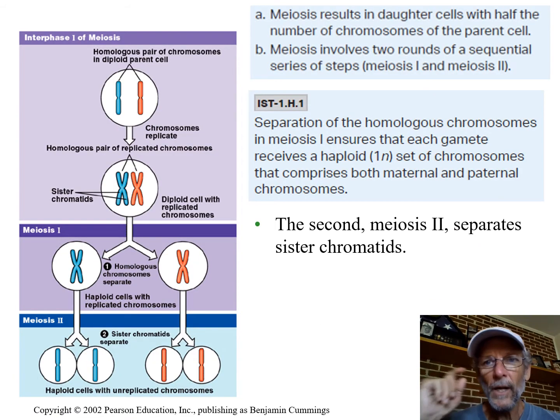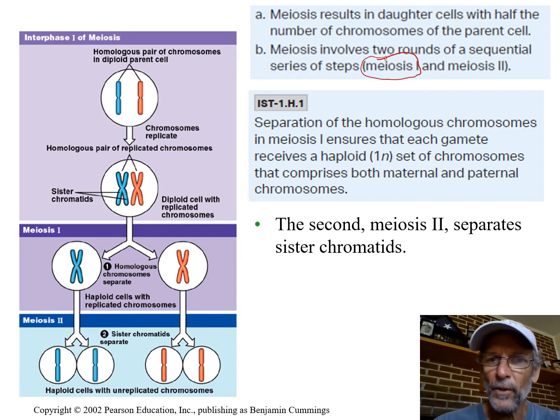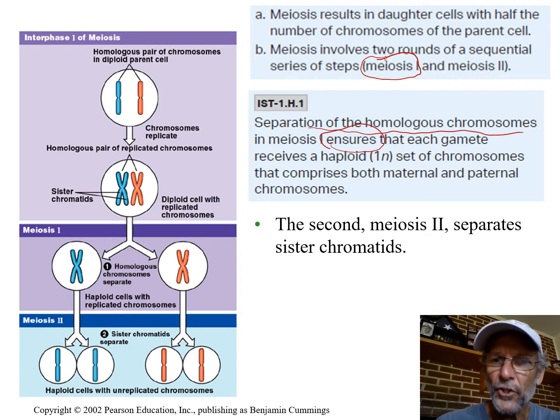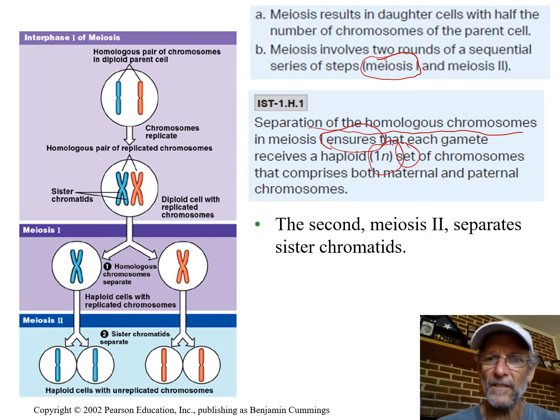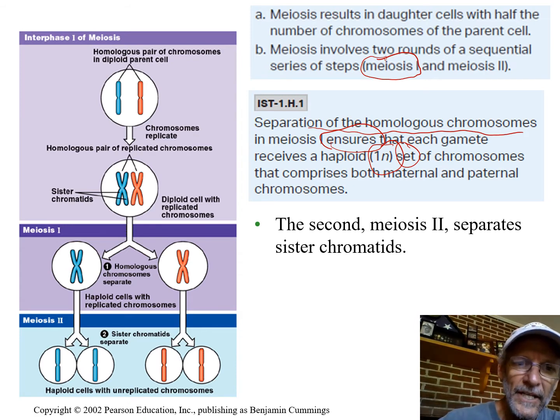Okay, so now we're going to go to meiosis 1, because that's the place where the separation of these pairs happens, and that is what ensures that each gamete is just going to get one set, one of each kind. So that would be here.